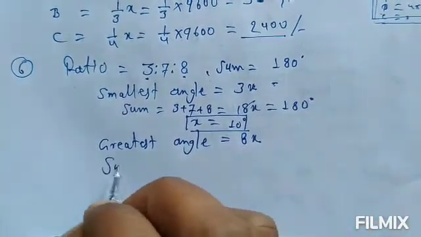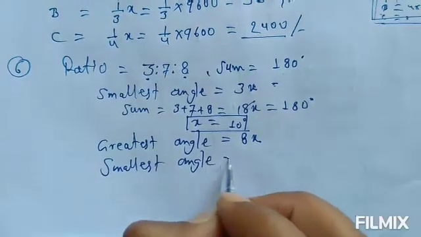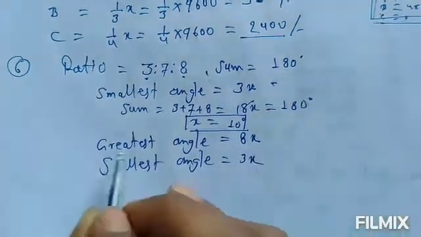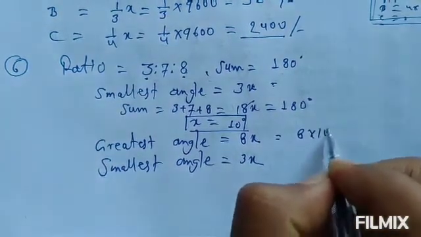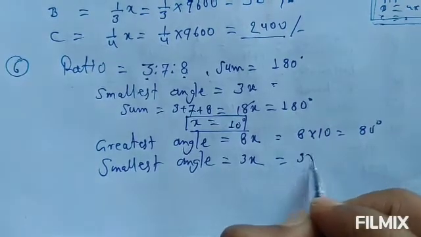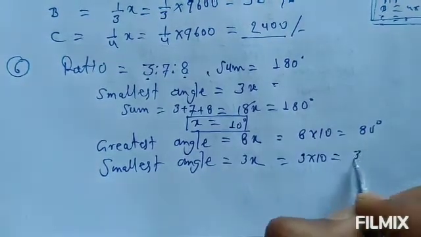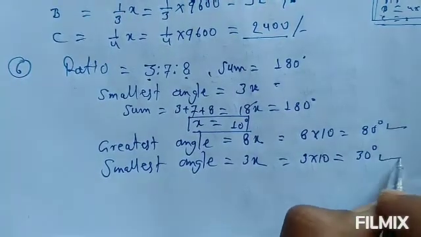So the smallest angle equals 3x and the greatest angle equals 8x. This will be 8 into 10 equals 80 degrees, and this is 3 into 10 equals 30 degrees. This is the greatest angle, this is the smallest angle.